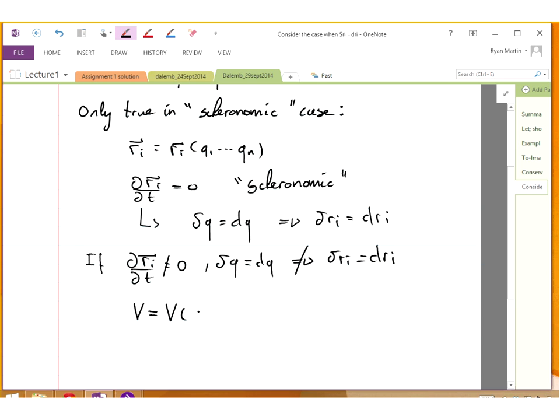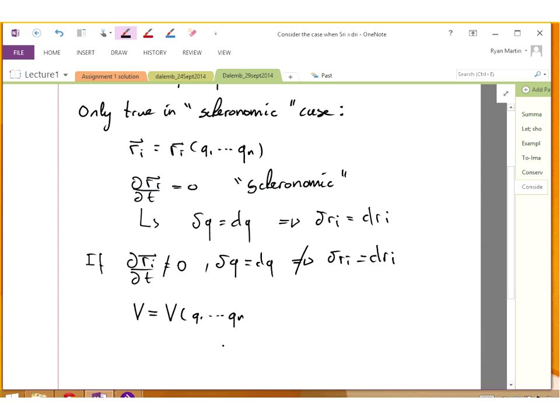So remember we had the V_i's, where each force was ∂V_i/∂x, right? So it's the potential that gives rise to the forces. So we can write this potential in terms of the generalized coordinates.